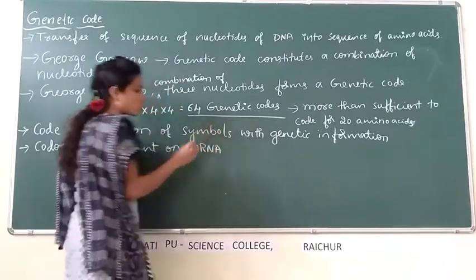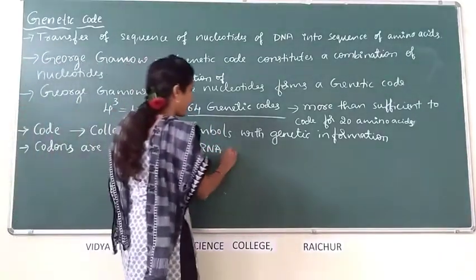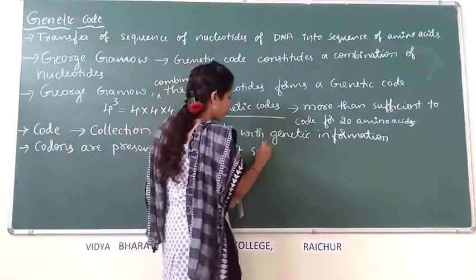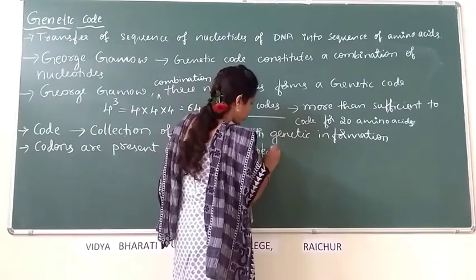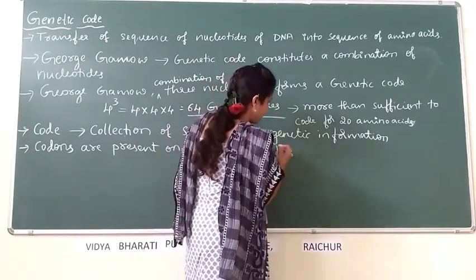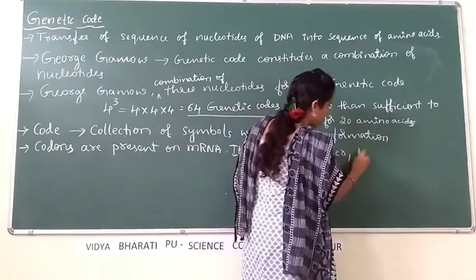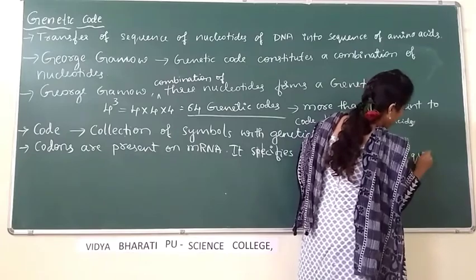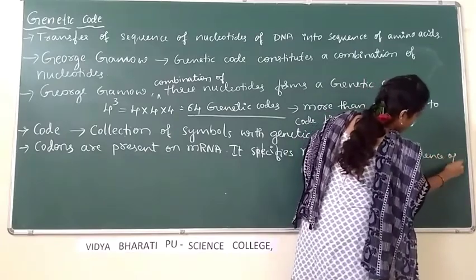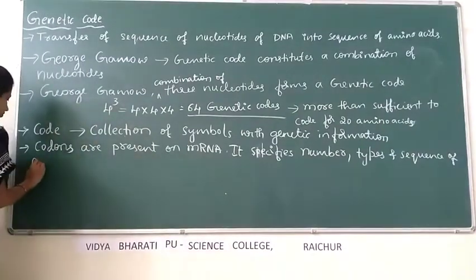And the codons of the mRNA specify the number, types and sequence of amino acids in a protein.